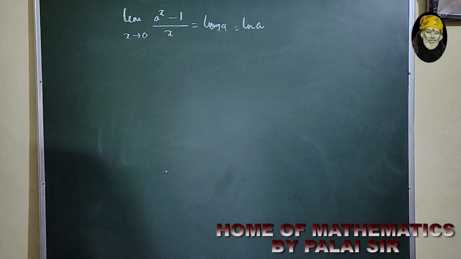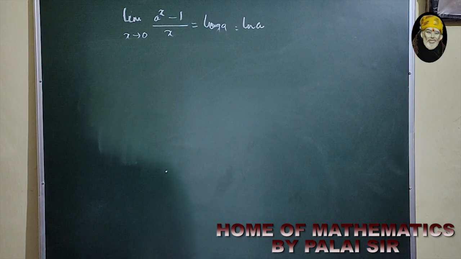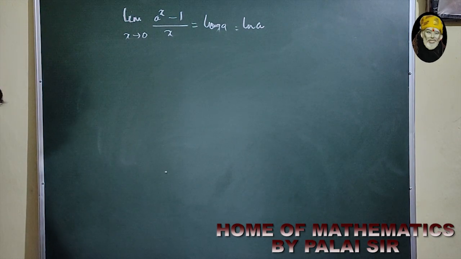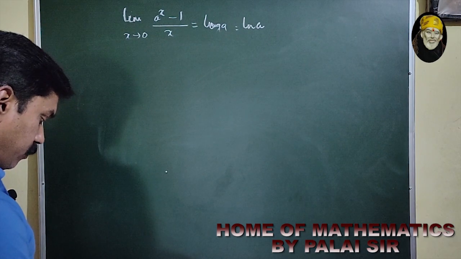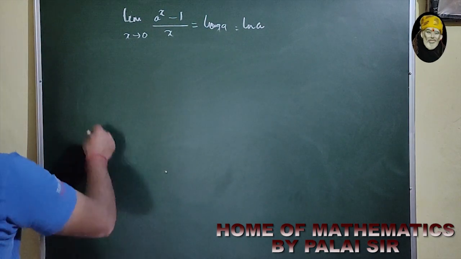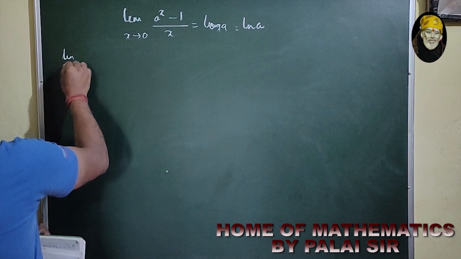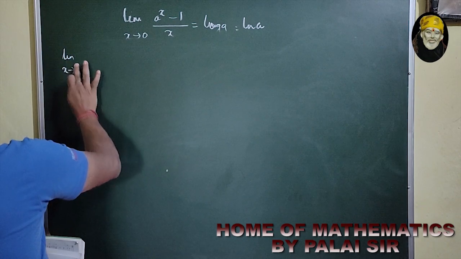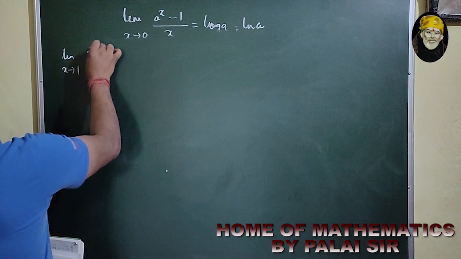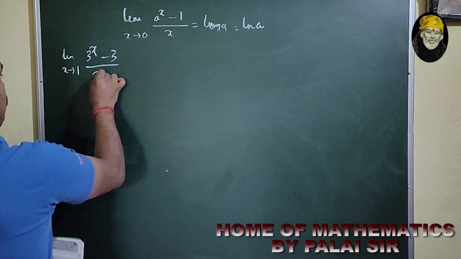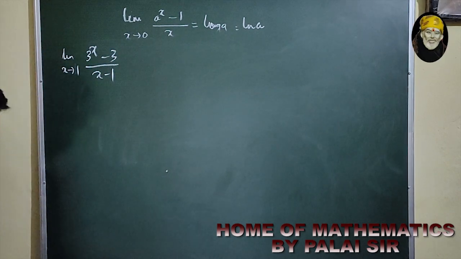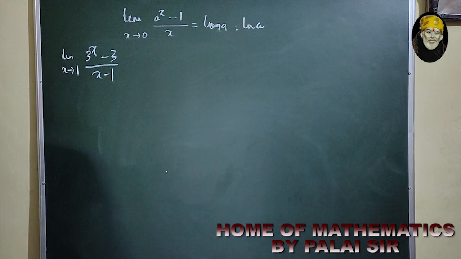Suppose here another problem we are taking, 3 to the power x minus 3 by x minus 1, limit x tends to 1. Limit x tends to 1, 3 to the power x minus 3 by x minus 1. This is our problem. So here you see how to solve this problem.